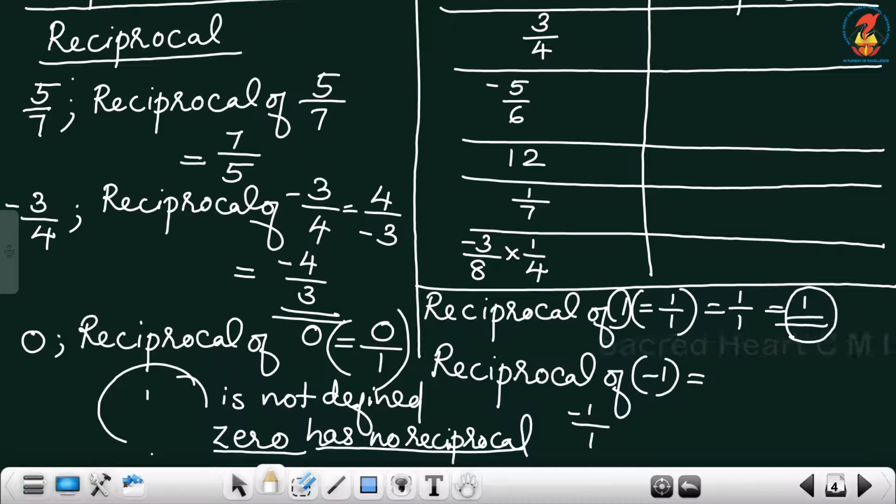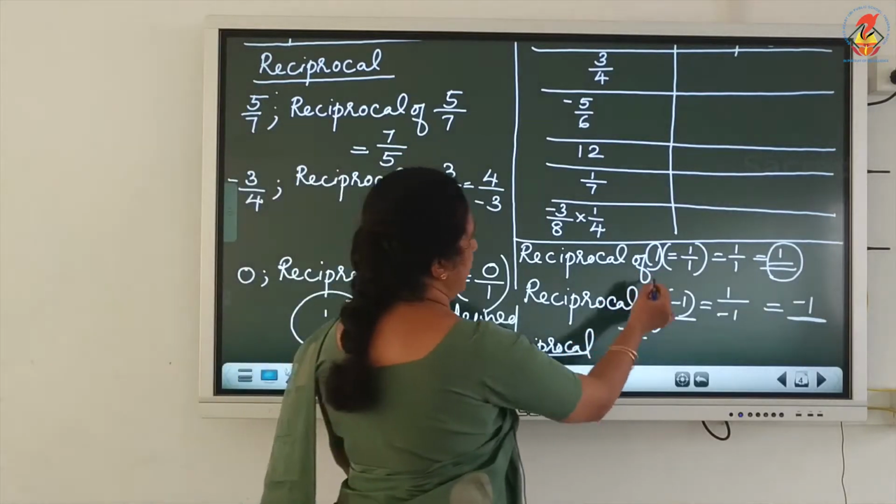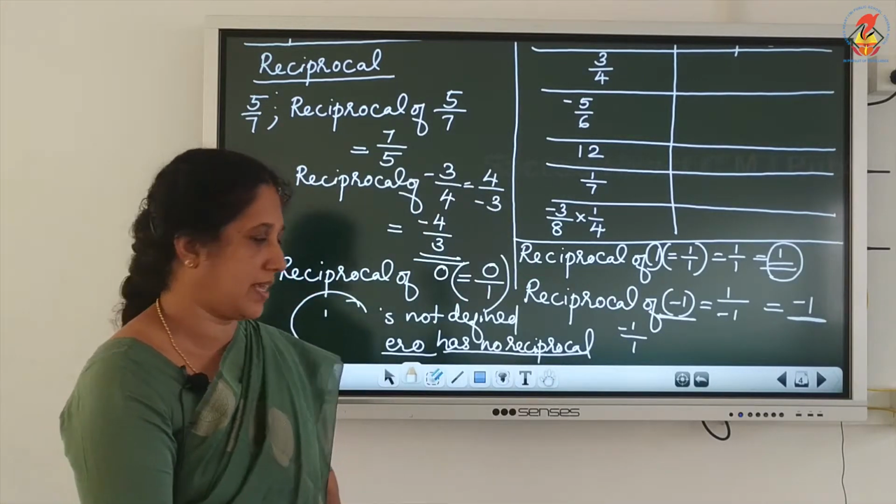So what is the reciprocal of negative 1? 1 by negative 1, which is negative 1. So the given rational number is negative 1, and the reciprocal is negative 1. So if the rational number is 1, its reciprocal is 1. If the rational number is negative 1, the reciprocal is negative 1. So 1 and negative 1 are the two rational numbers in which the numbers and their reciprocals are equal.